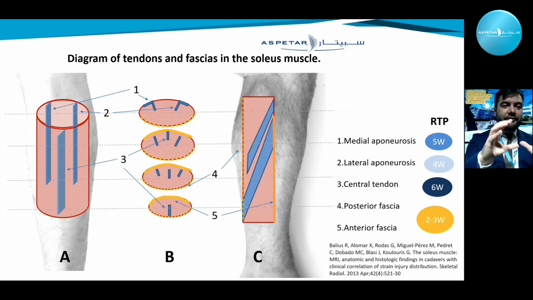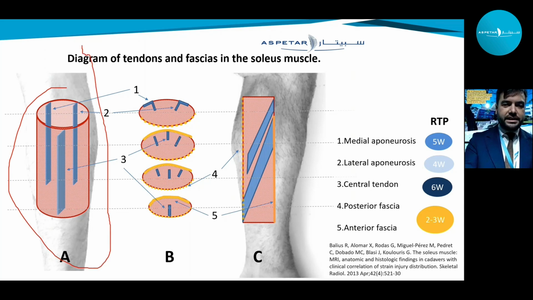So this is a very basic diagram. Here we have the soleus. There are three intramuscular tendons. There are two cranial, one medial and one lateral, and one a little bit more distal.